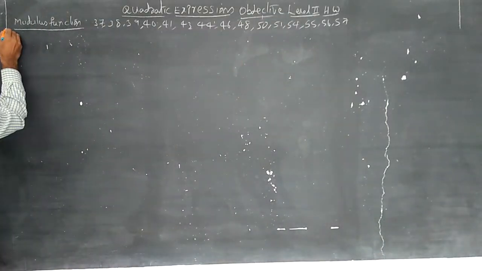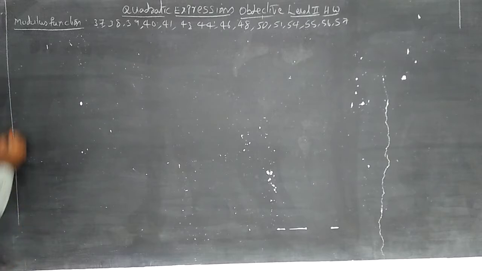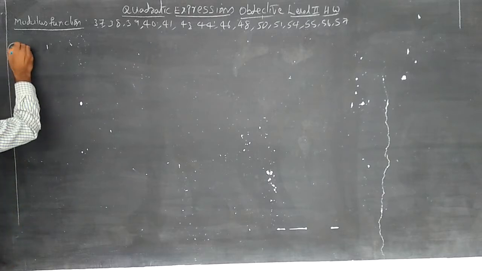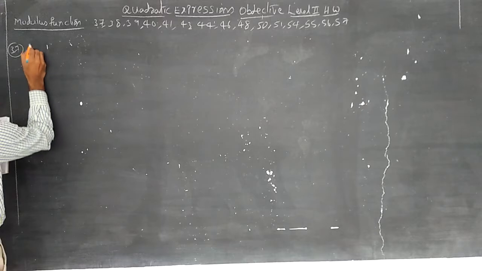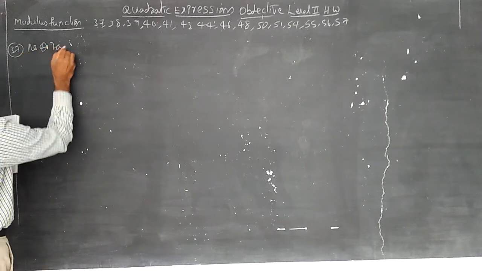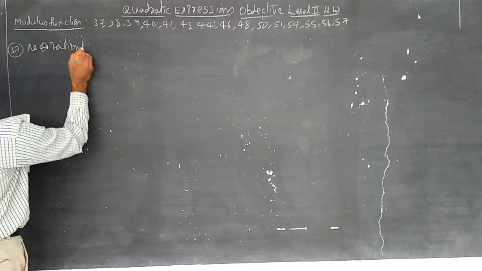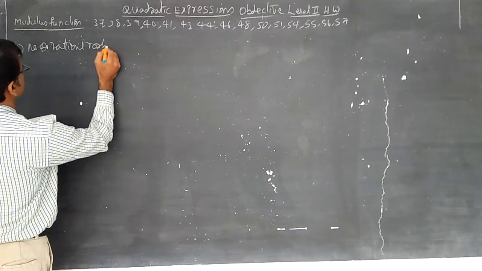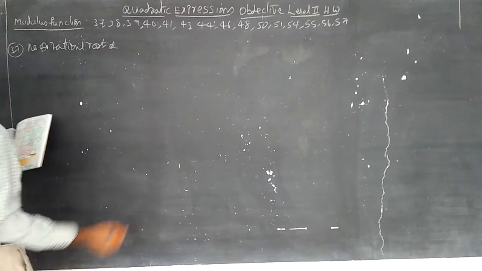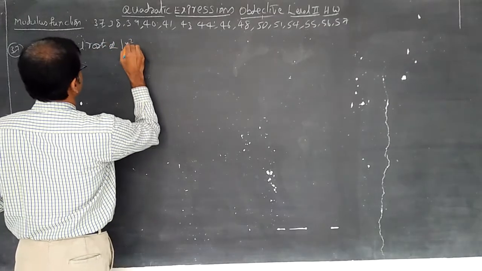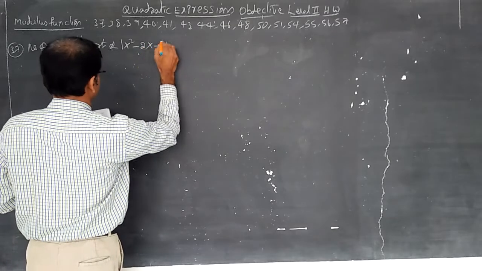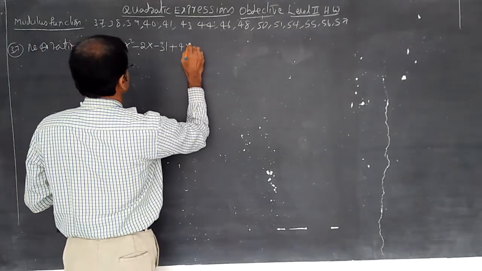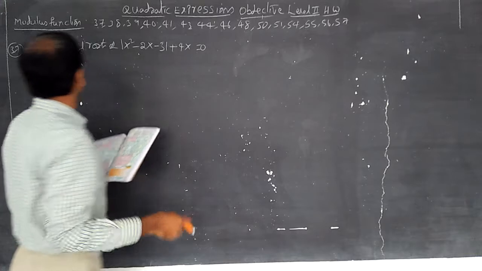Now, let us start from the 37th question in this class. The 37th question: number of rational roots. Number of rational roots of modulus of x square minus 2x minus 3 plus 4x is equal to 0.